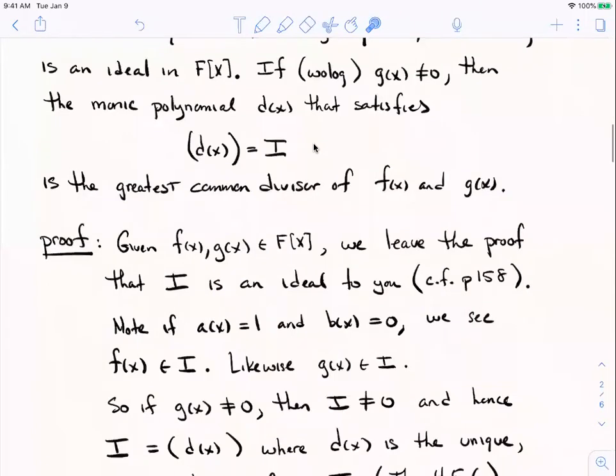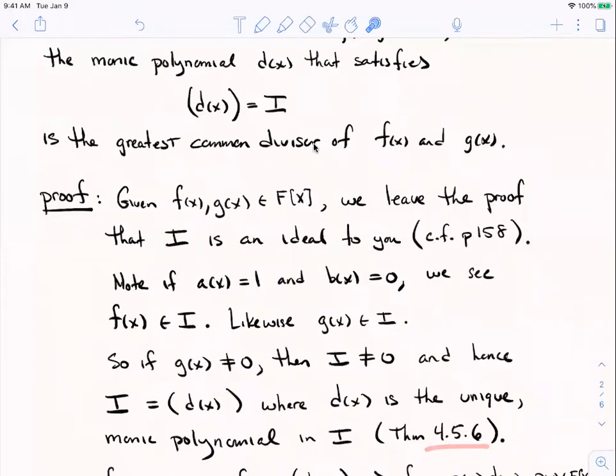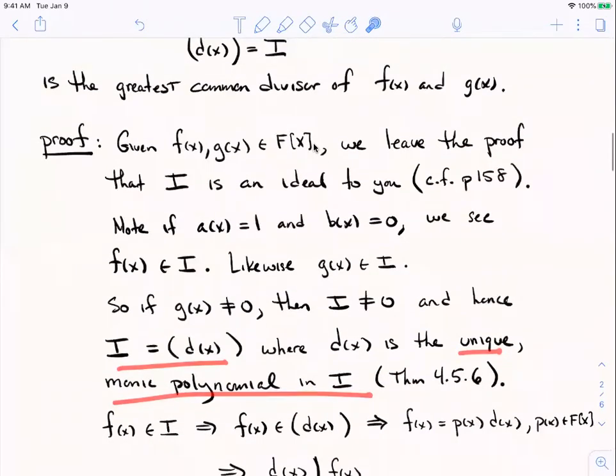If g is not 0, then I is not the 0 ideal. And we proved in theorem 4.56 last time that if I is a non-zero ideal in this ring, then it's generated by, if you make it monic, a unique monic polynomial of minimal degree. All right, so d is the unique monic polynomial in I. It has minimal degree, and it generates that thing. Okay.